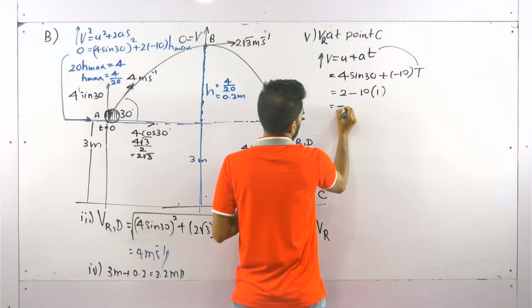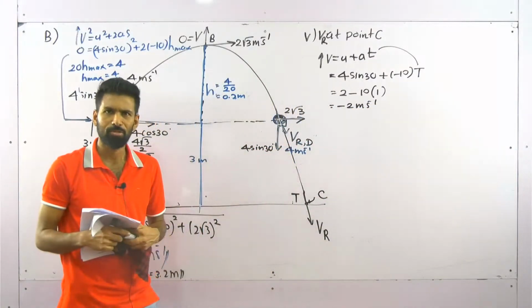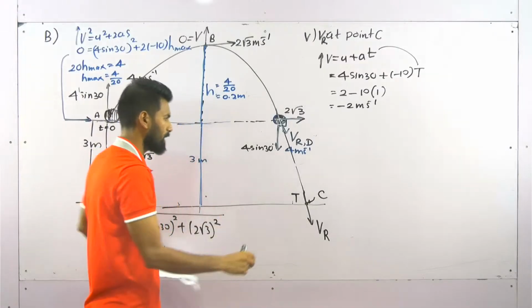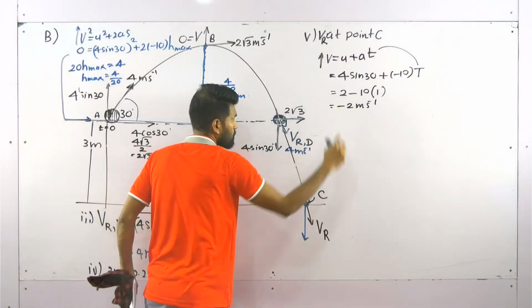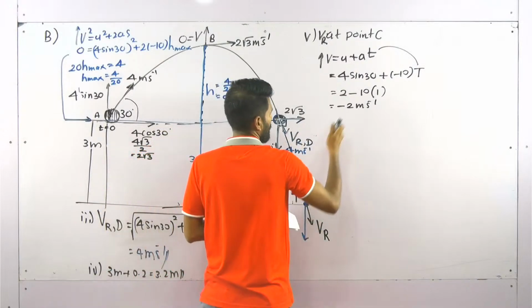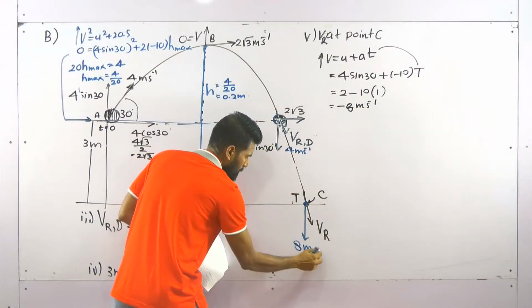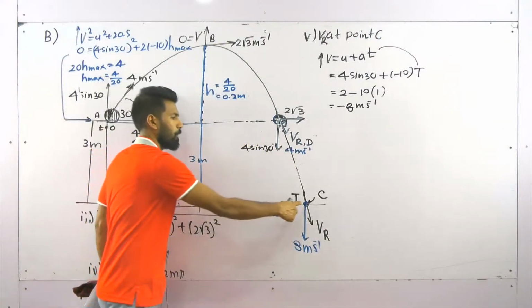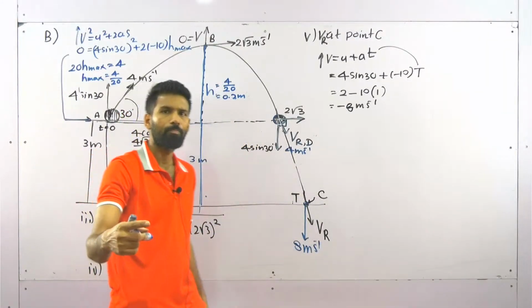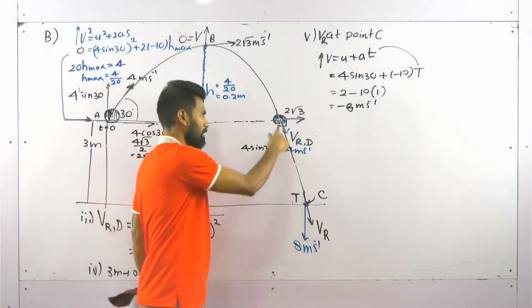So 2 minus 10 is minus 8 meters per second. After the flying time, the object is moving vertically downward. Minus 8 means the downward velocity is 8 meters per second. It took 1 second for the object to reach this point, a 3 meter displacement downward from its initial point.